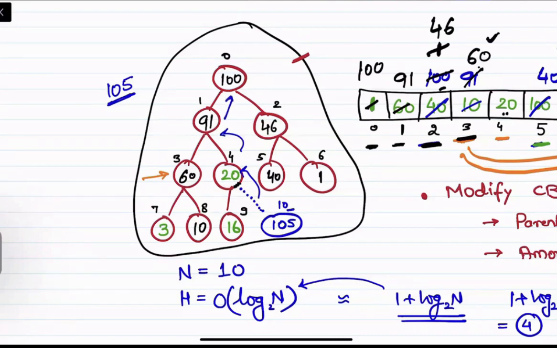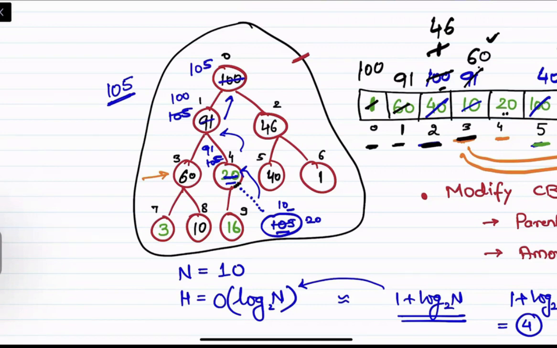Is that clear? And I have to continue doing swaps. Okay, current value is 105, parent is 20, so swap. 105 goes here, 20 goes here. Then parent is 91, child is 105, swap. Then parent is 100, child is 105, swap.